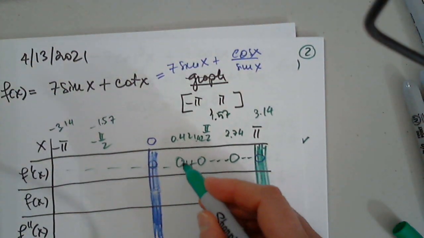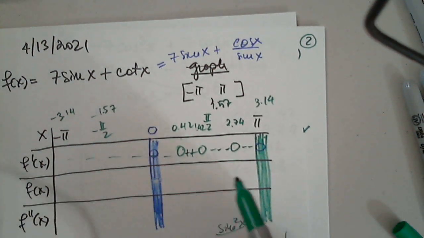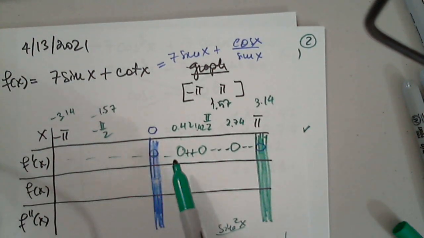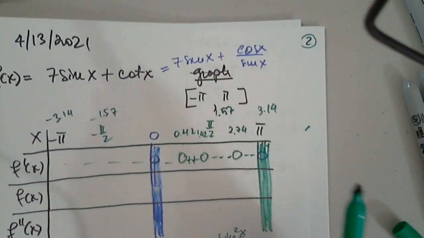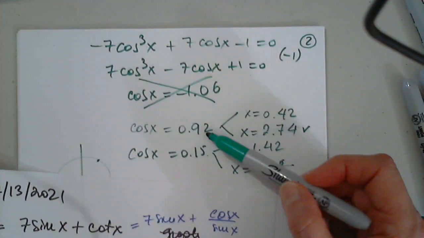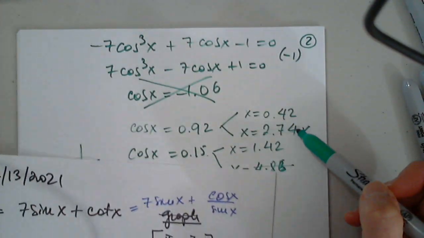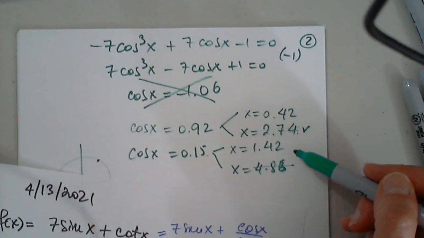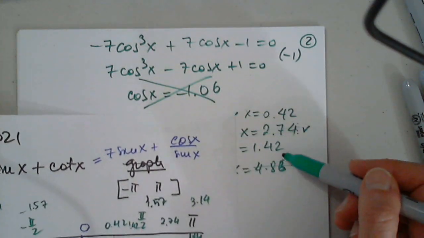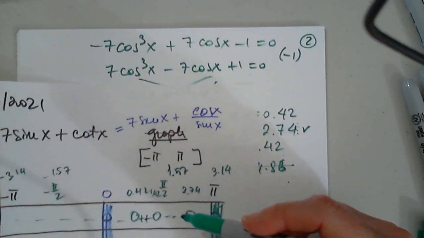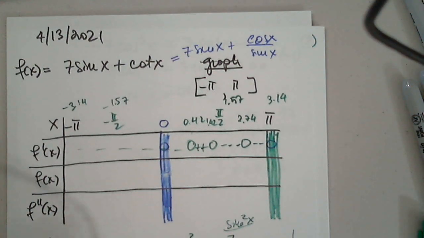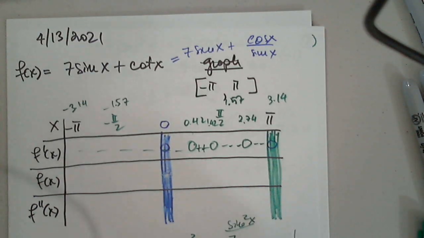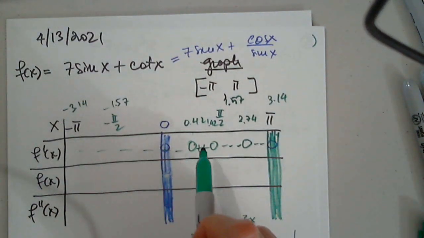Okay, so from what I got, I have to check my numbers also, just to make sure. So this was okay. The 2.74 fits. These two fit. This one does not. 1.42. I think I'm okay. I can check with the graph, but I think I'm okay. So it's increasing.